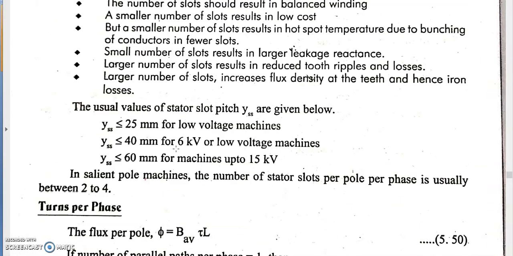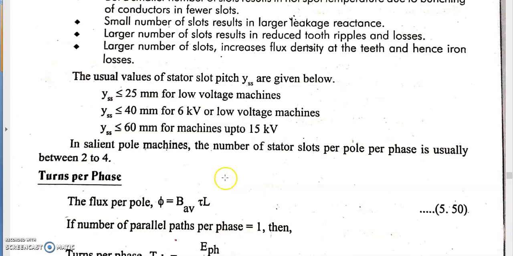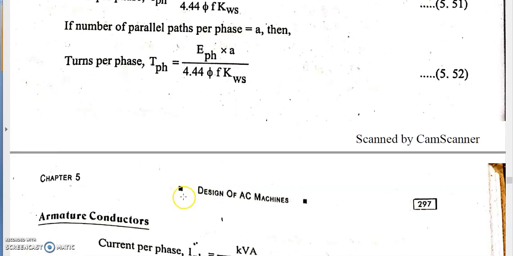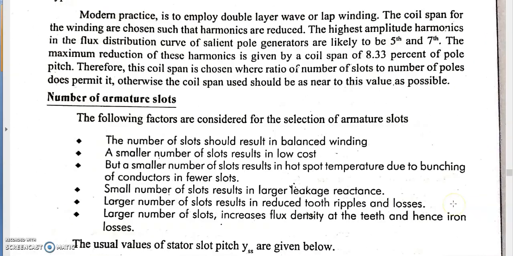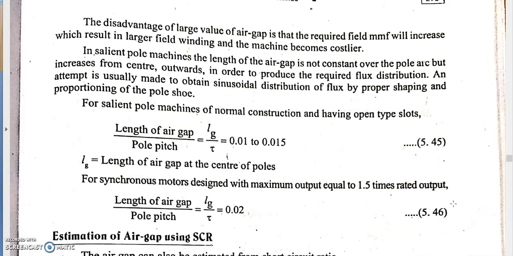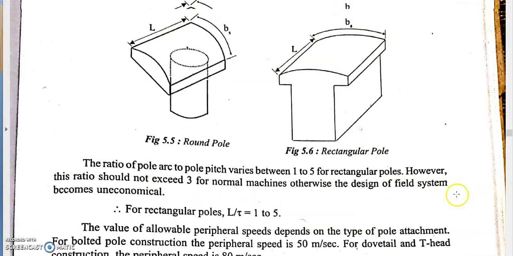So with respect to the stator design here, we are calculating the total number of armature slots, and then the total number of turns per phase, and the area of cross section of the armature conductors or stator conductors. So in this video lecture we have discussed the salient pole machine design, that includes salient pole rotor design as well as the stator design of the salient pole machine.